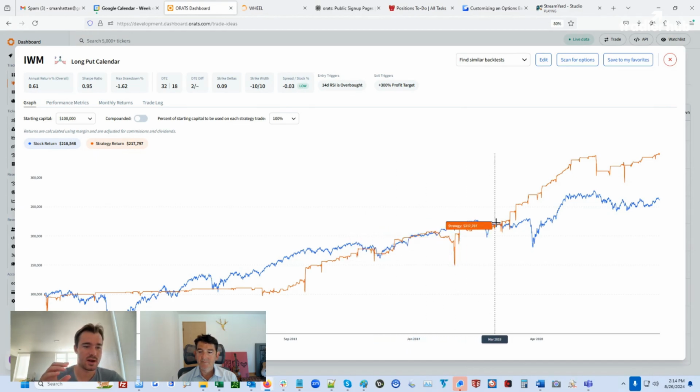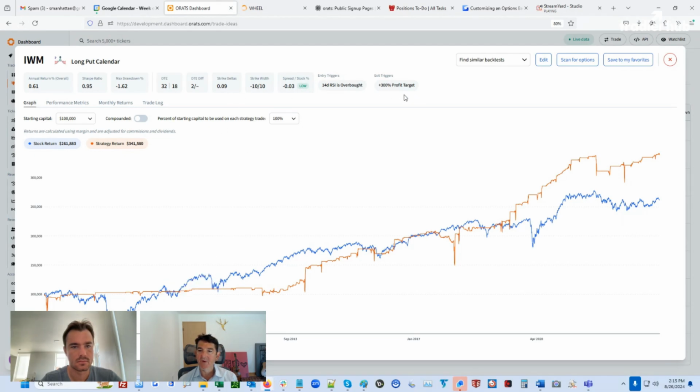If we start investing $100,000 in the stock and just wait, that's the blue line. The orange line is investing $100,000 in each long put calendar, which is probably not practical, but it's a good way to see the returns lining up. It's just how much you're investing in the stock versus how much you invest in the strategy itself.